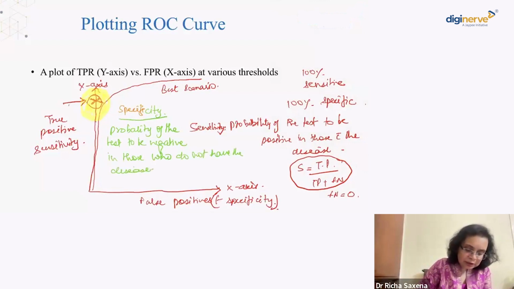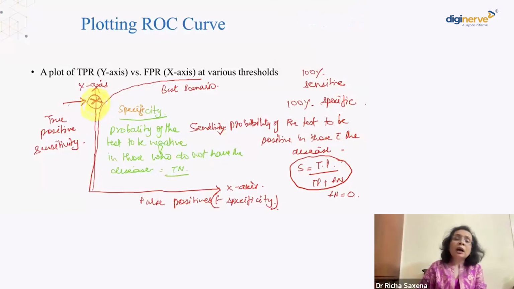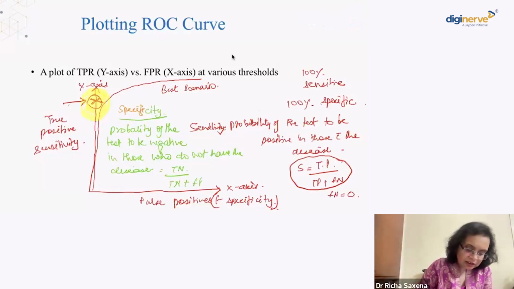How do you calculate specificity? It is true negatives divided by those who do not have the disease. Please answer on the chat: who are the ones who do not have the disease? True negatives plus what else? False positives are also the ones who do not have the disease.